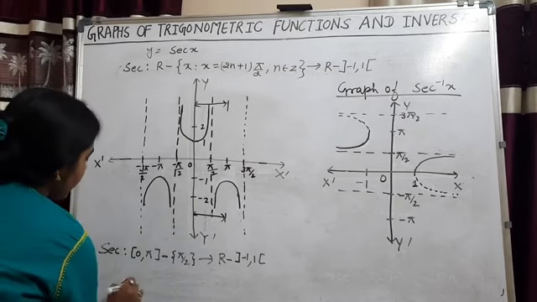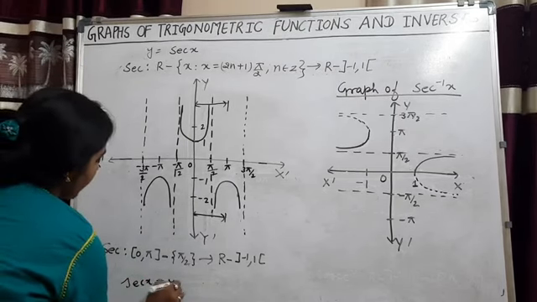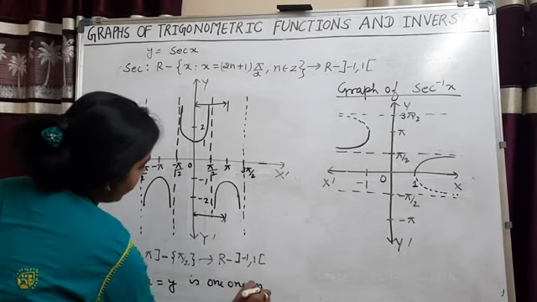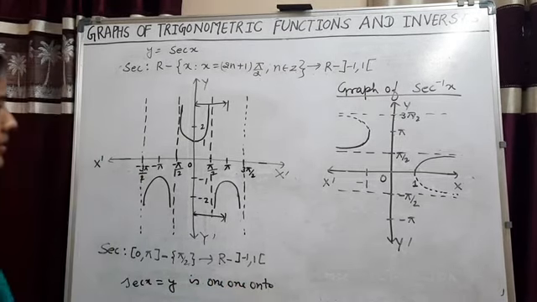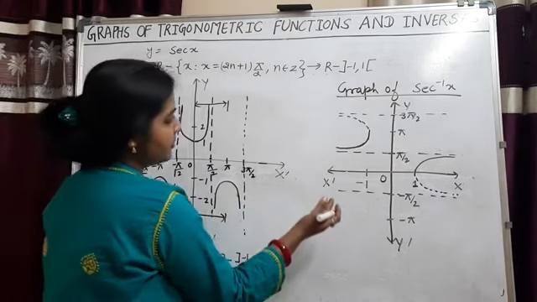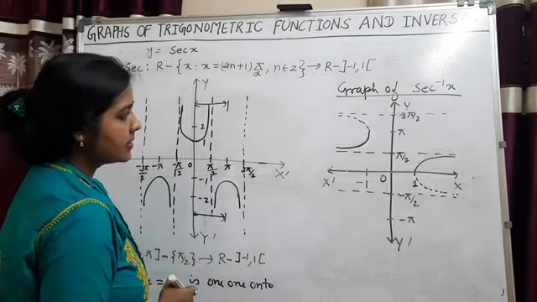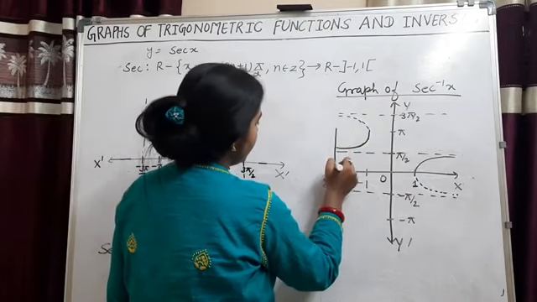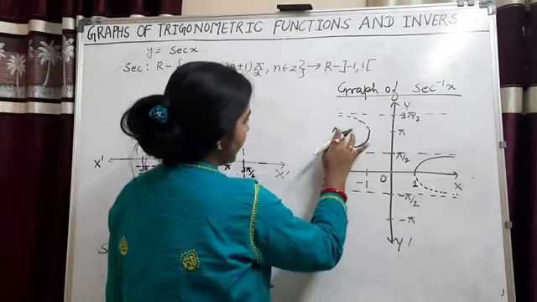So we can write sec x equals y, and this is 1, 1 on 2. So we can find the inverse of this sec x. So I have drawn the graph for sec inverse x. We will take only that part, 0 to pi.